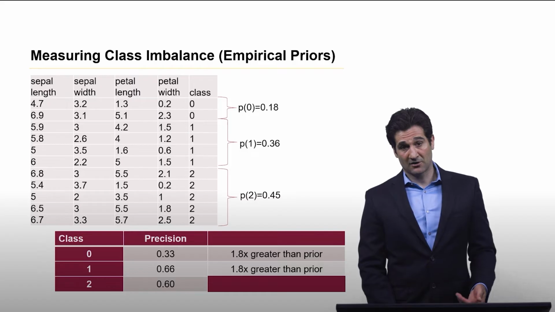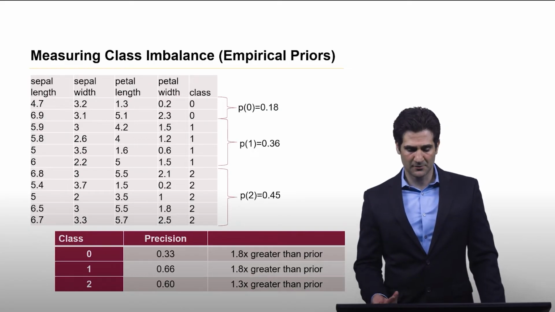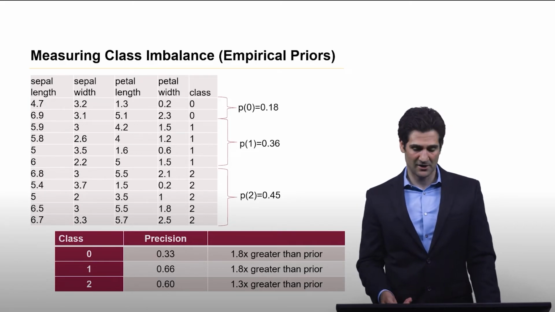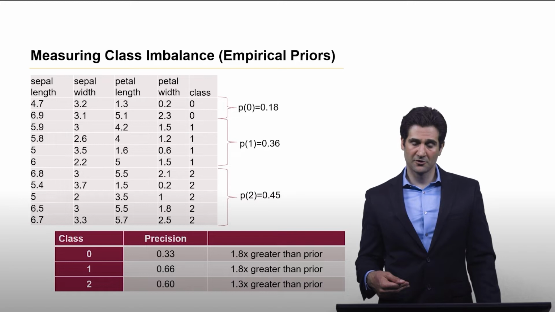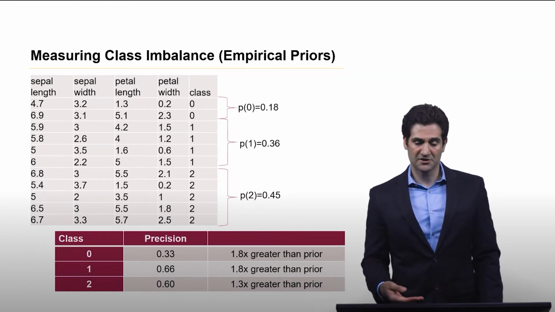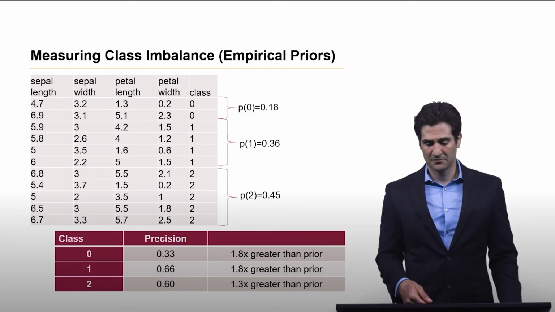Likewise with class number 1, you have the same thing. And class number 2, even though that's a higher precision number than class 1, notice it's an improvement over the prior of a smaller amount. And that's because class 2 is much more strongly represented in the data than class 1.